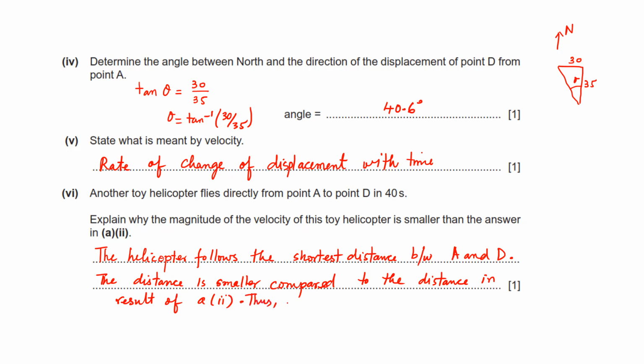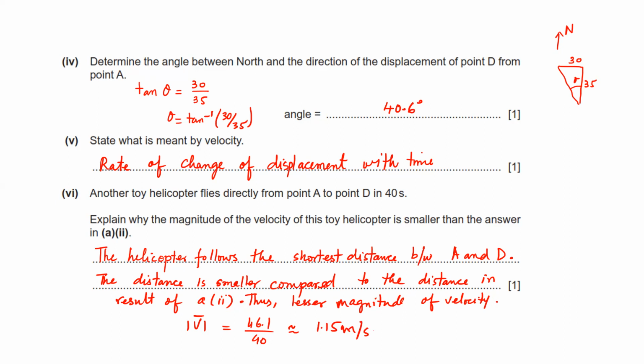Thus, lesser magnitude of velocity. Or if you have to calculate the magnitude of velocity, it will be 46.1 divided by 40, approximately equal to 1.15 meters per second.